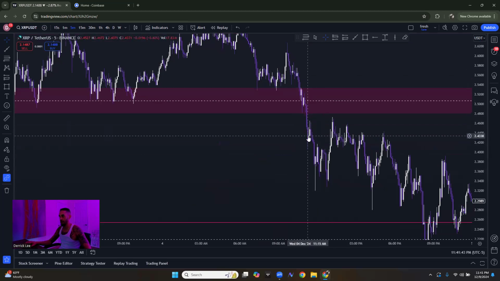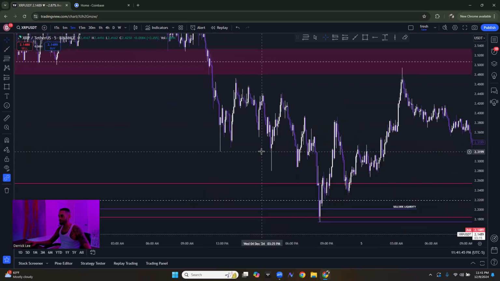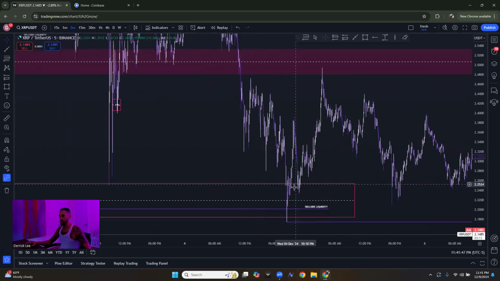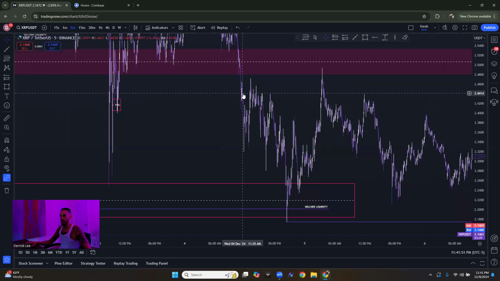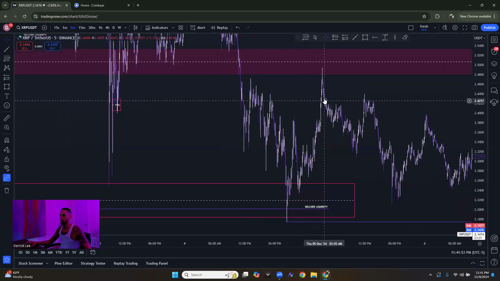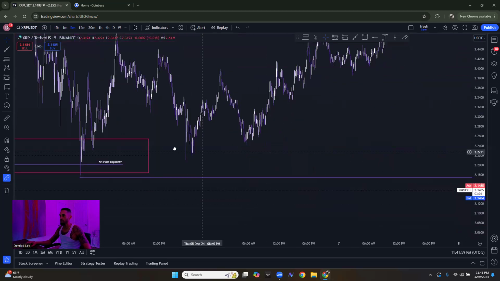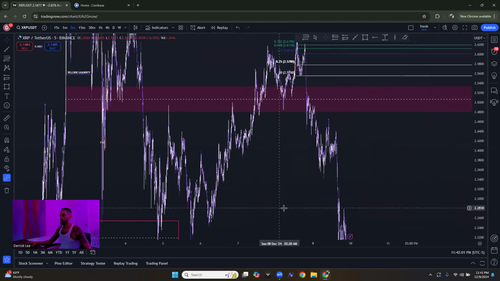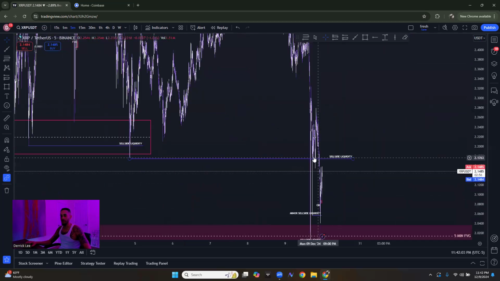This is just sell side delivery. So once we balanced everything below that, we ran right back on up into it. This is just sell side delivery. We had to offer some form of buy side delivery up into this range before we can take out this sell side liquidity. And it takes out that sell side liquidity.